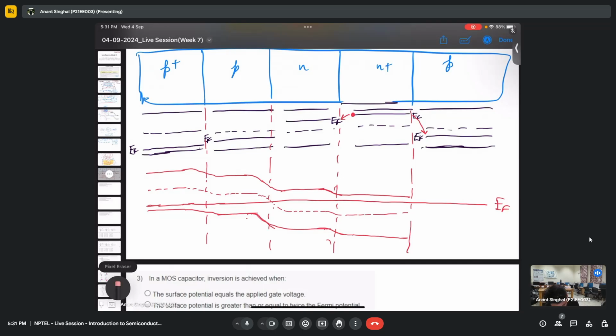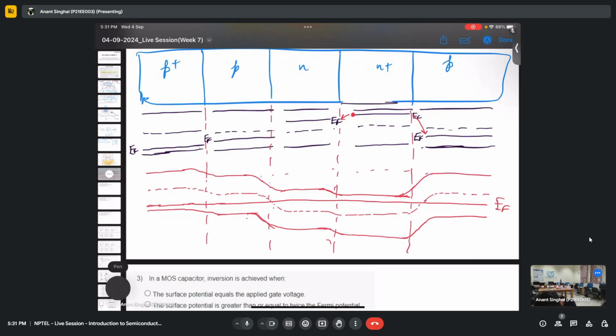And then we finally have the P, which should align to this P. So yeah, this will be it.